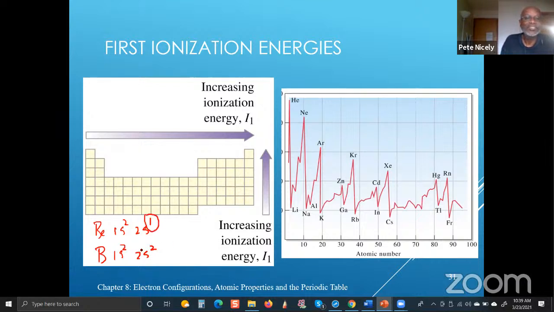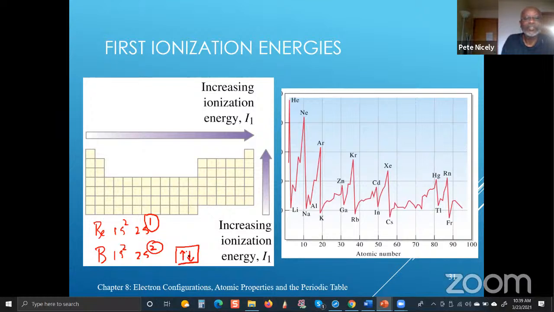However, in the case of boron, you're removing one of these 2 electrons from the s orbital. So the question now becomes, why is it that the first ionization energy of boron is less than the first ionization energy of beryllium? And the answer is that because these 2 electrons here in the 2s sublevel, they're occupying the same orbital, right?